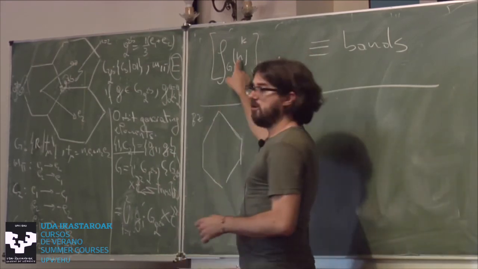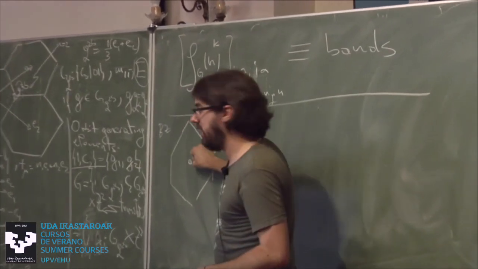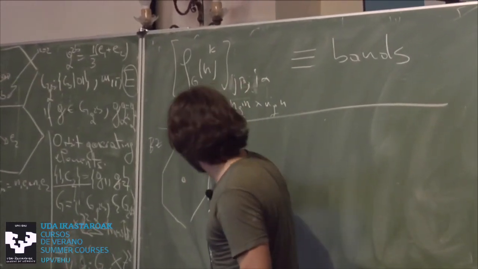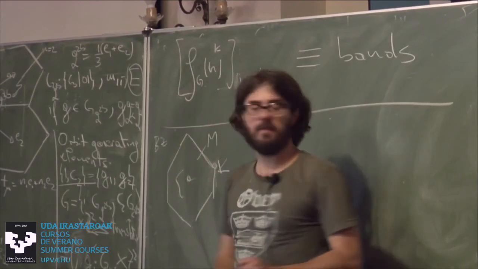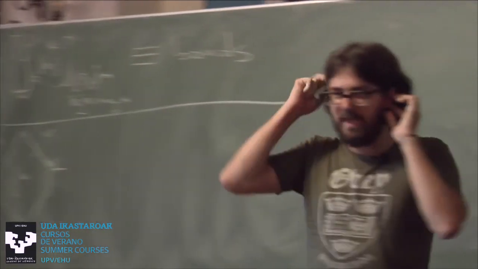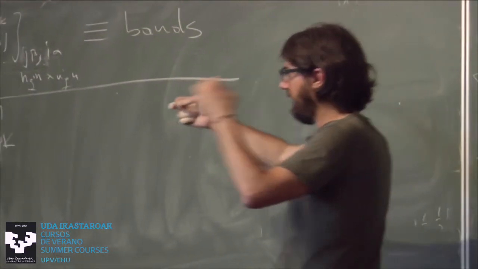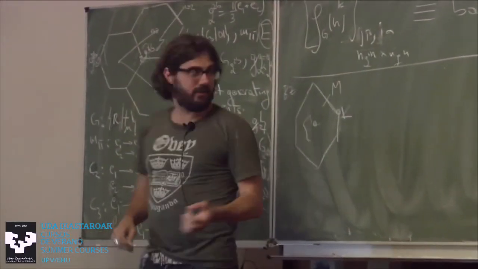What happens to this band representation when I particularize to points of high symmetry in the Brillouin zone? So now we're going to find how the band decomposes at high symmetry points in the Brillouin zone.